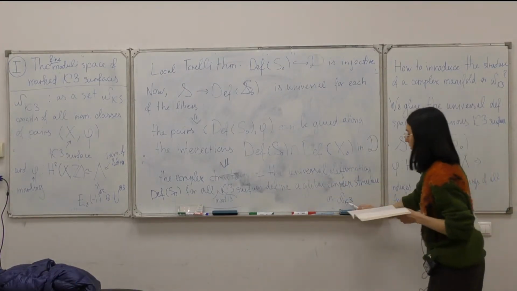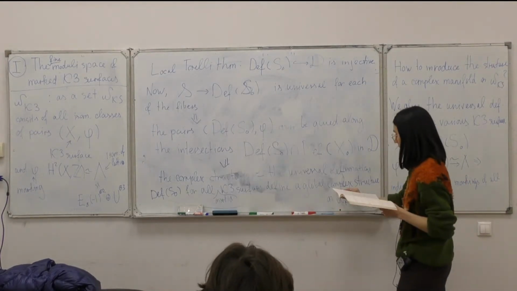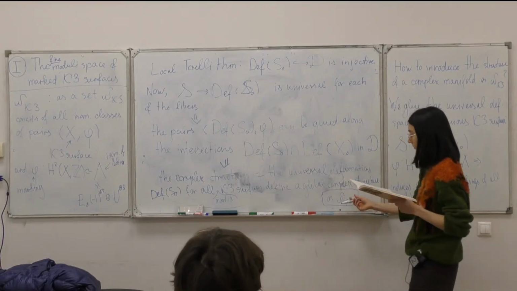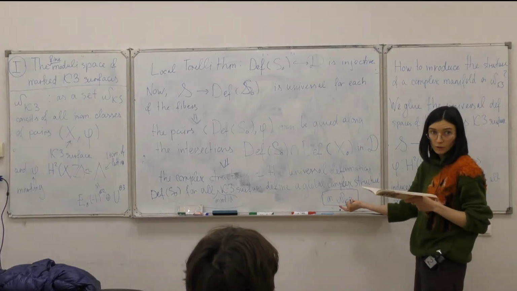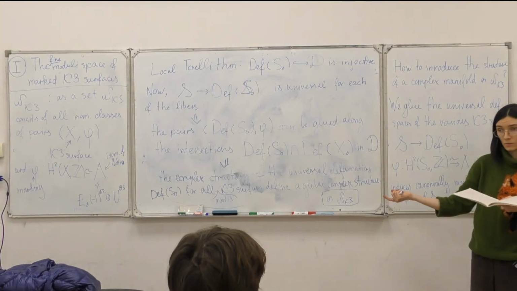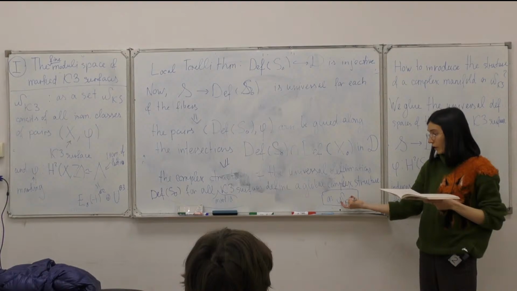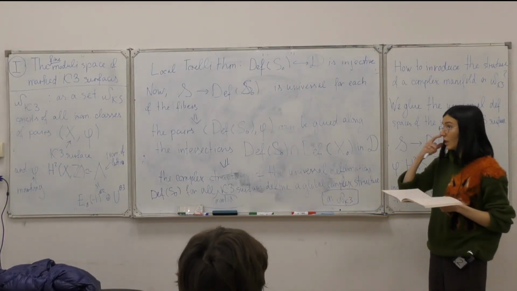And now let me explain why here we have a structure of fine moduli space. What does it mean to have a structure of fine moduli space? We discussed this. We have a universal family? Yes. Why do we have a universal family on this set?